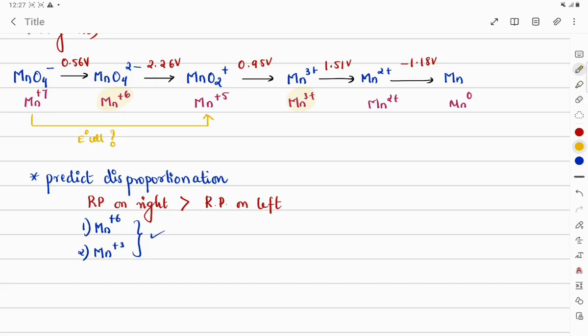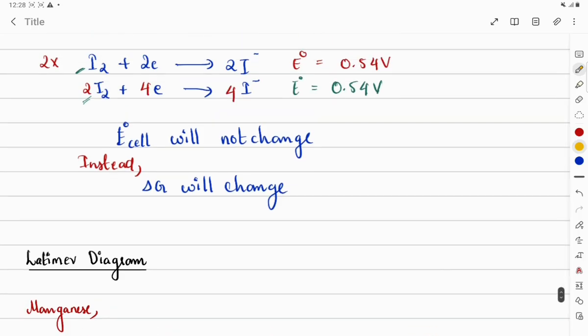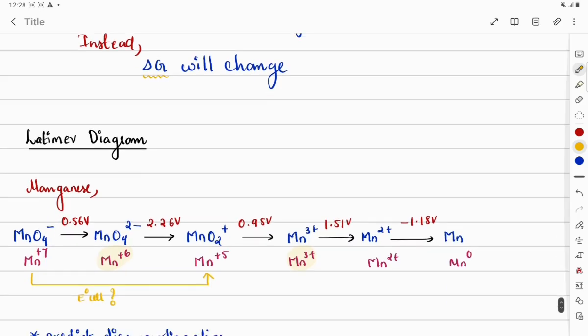So how will I find the change when I skip plus 6 oxidation state and move from plus 7 to plus 5 directly? For this, there is only one way we can proceed. Just because we told E cell will not add, only delta G will add, I'm going to proceed through the delta G values of these reactions.